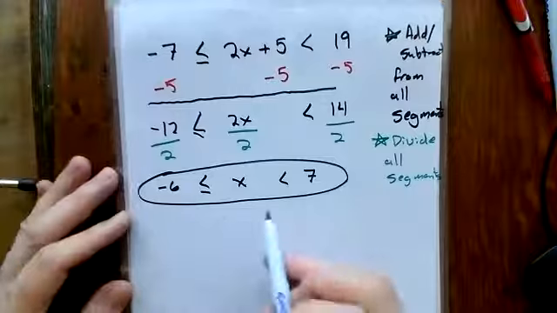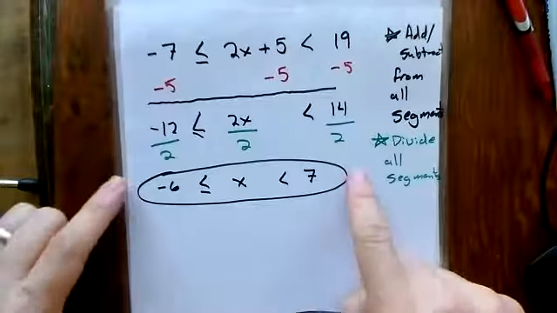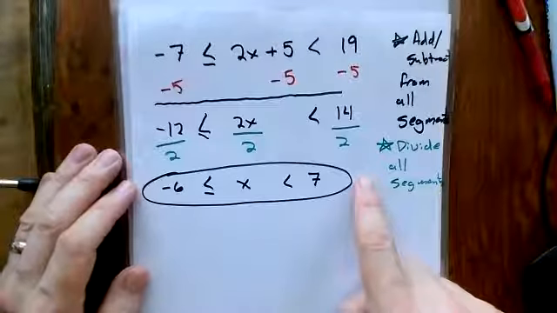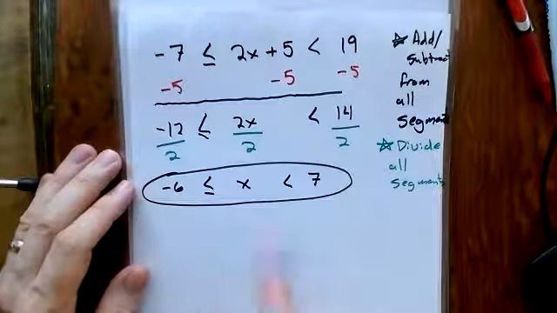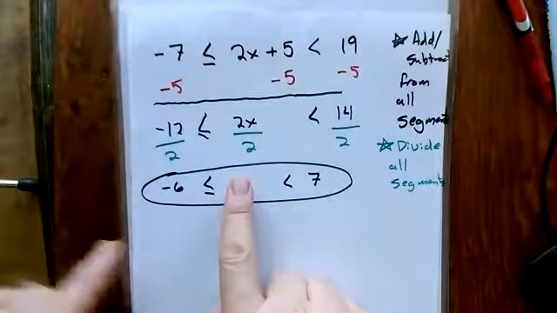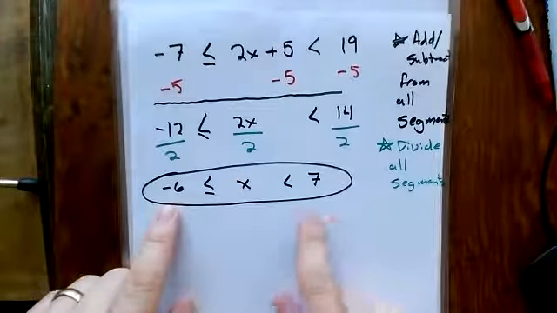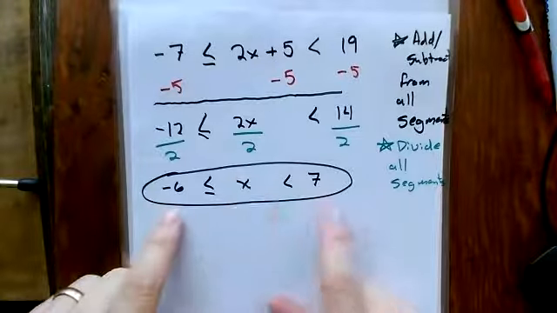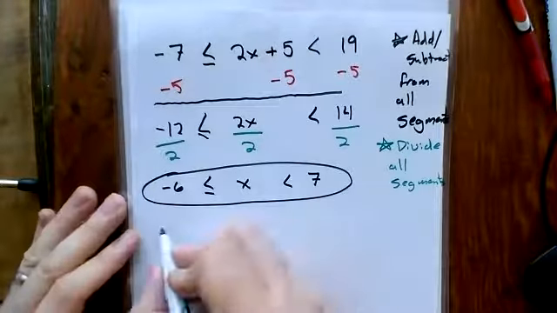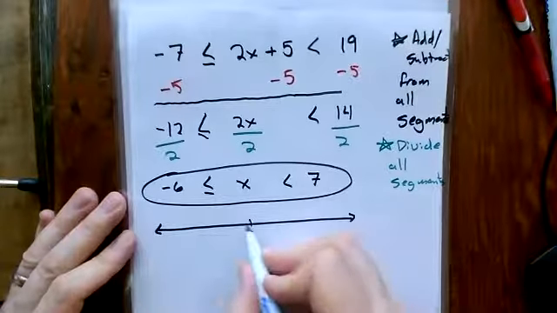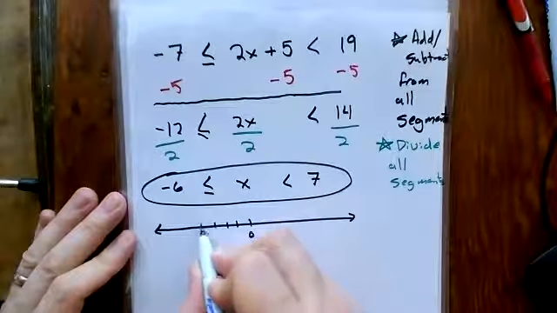I like this kind of formation. I think it's a little bit more elegant than using the "and," because here you see your variable is literally in between one value and another. It's bigger than the -6, it's smaller than the 7. If you're graphing this, here's my 0, 1, 2, 3, 4, 5, 6.